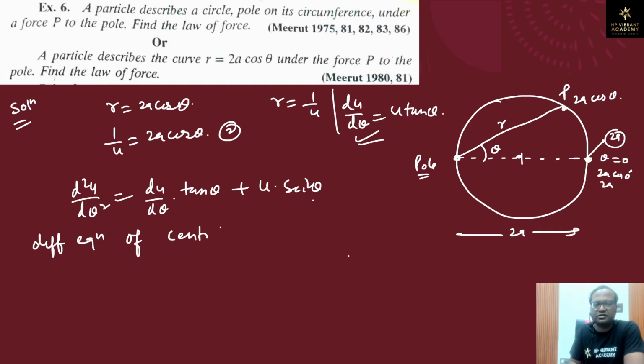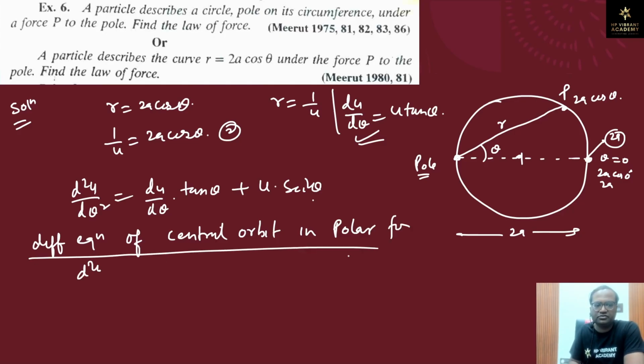Now we have the differential equation of central orbit in polar form. So we have d2u upon d theta square plus u is equal to P upon h square u square. So P upon h square u square is equal to d2u upon d theta square plus u. Let us put du upon d theta here.